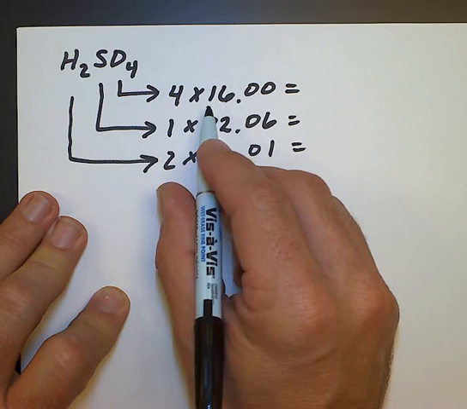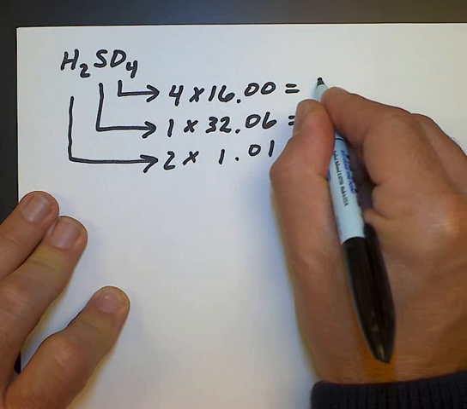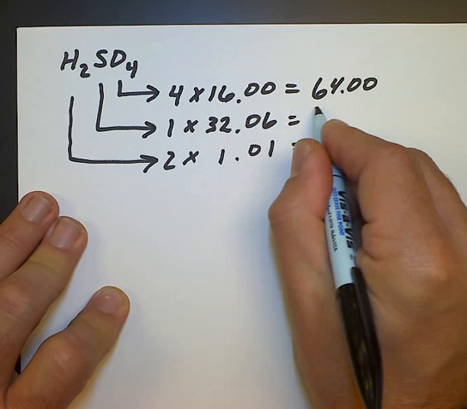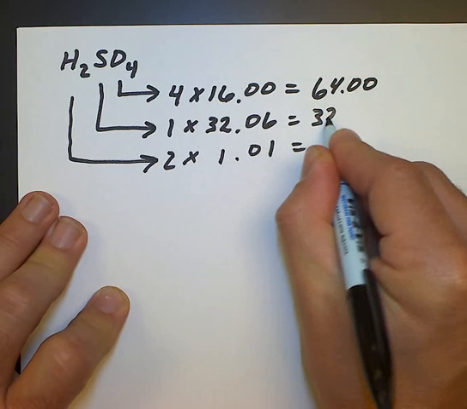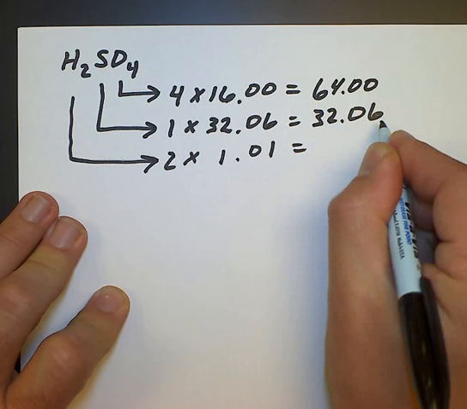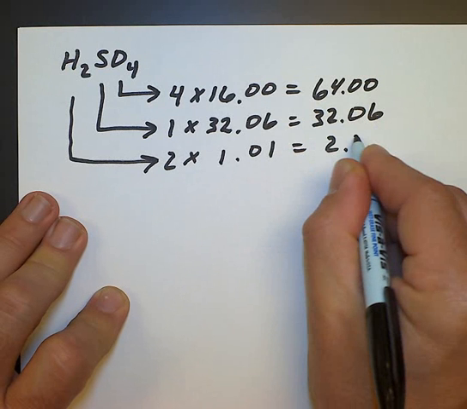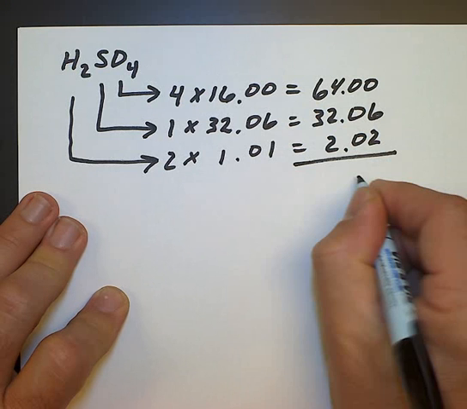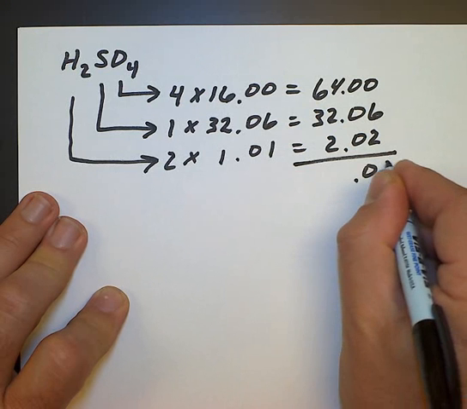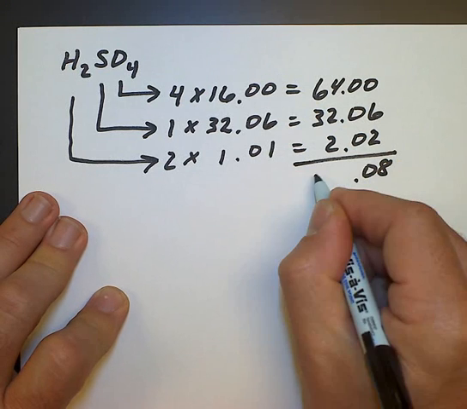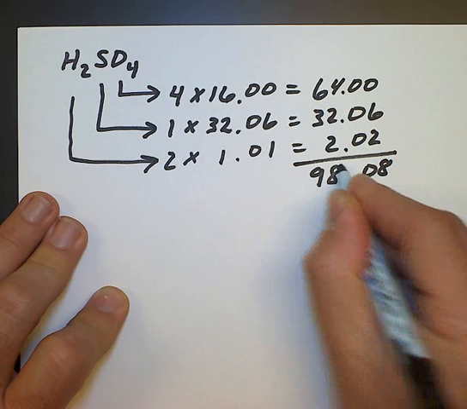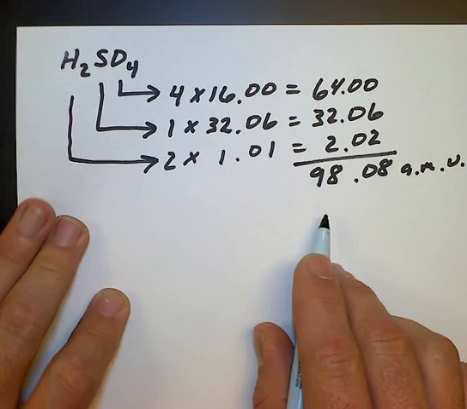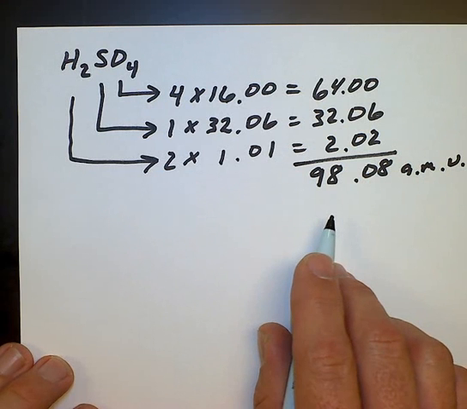So for the oxygen, we have a total of 64.00 AMUs. For the sulfur, we have 32.06 AMUs, and for the hydrogen, we have 2.02. So adding those up, we should get 98.08 AMUs. So that's our total molar mass for sulfuric acid.